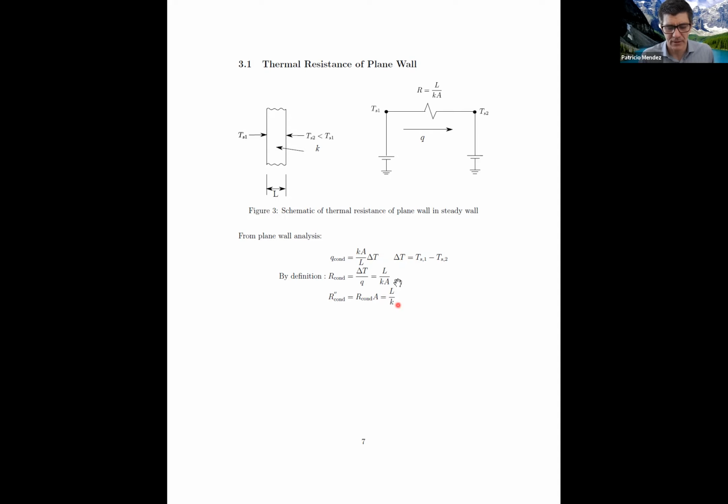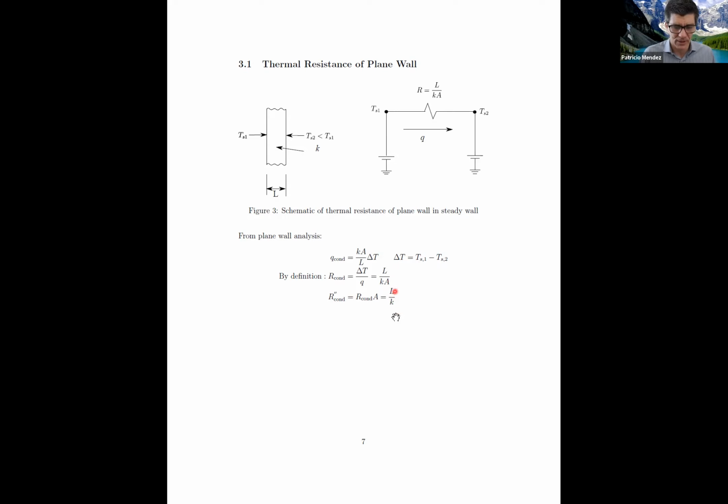Think of this. For the conduction resistance, the thicker the wall, the more resistance. Duh, right? But it makes sense, and I'm happy it makes sense. The higher the thermal conductivity, the less resistance. The bigger the wall, the more resistance, and the same per unit area. So L, thickness: thicker jackets, more thermal resistance, better for the winter.